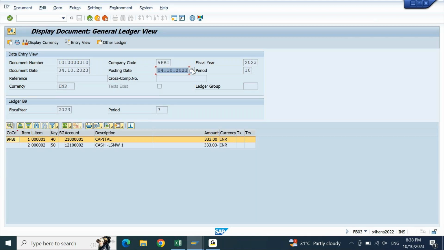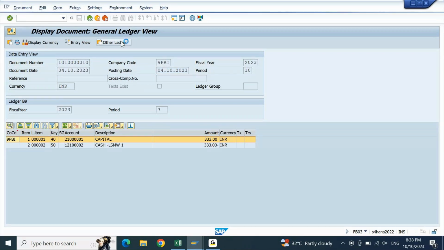So here what is important is your posting date. Today we are posting the entry in October month. October month, as per Indian accounting standard, is period number 7. Is it updating in period number 7? Correct. According to IFRS, October month is at any given point of time period number 10.